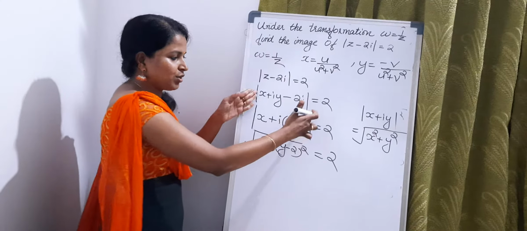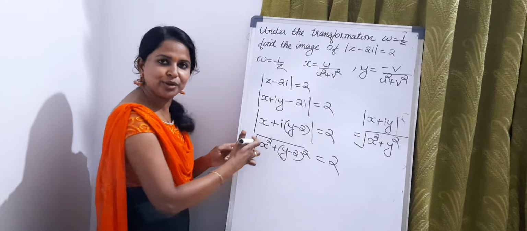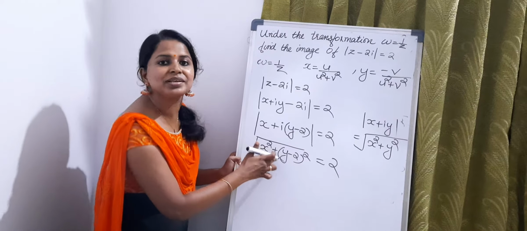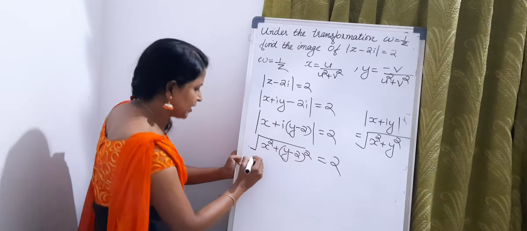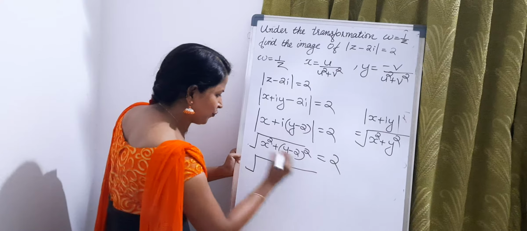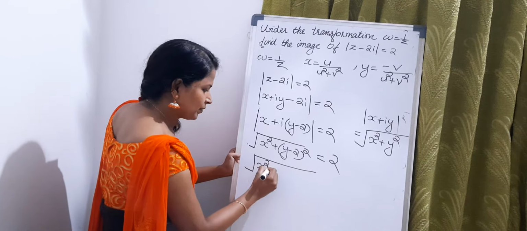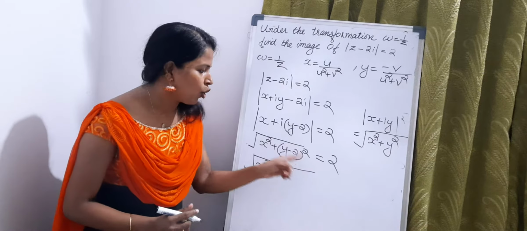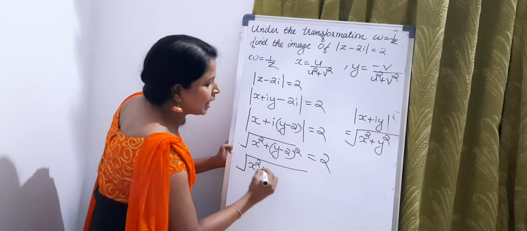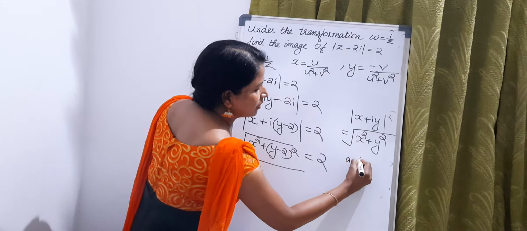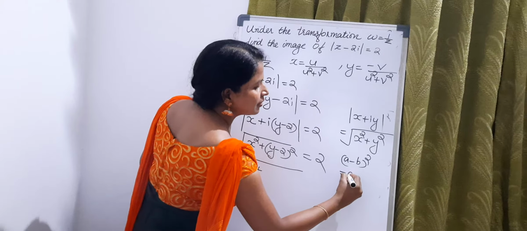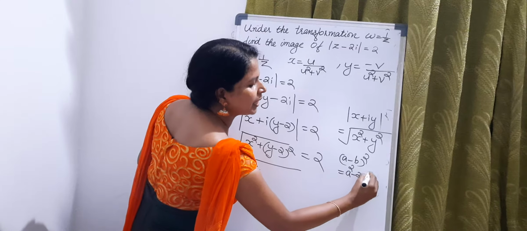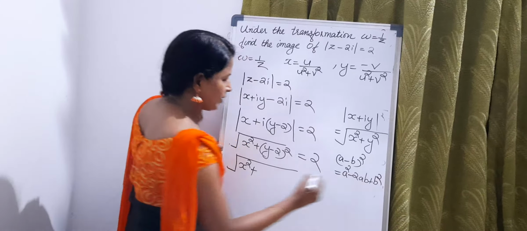Modulus of a complex number is square root of real part square plus imaginary part square. Here we have (a minus b) whole square. What is (a minus b) whole square? A square minus 2ab plus b square.